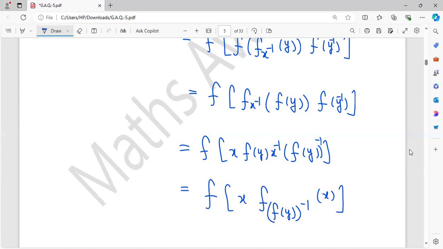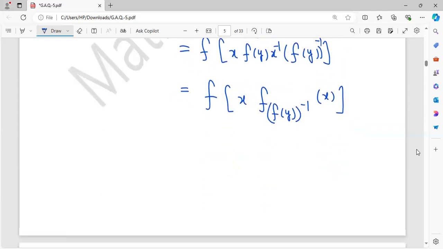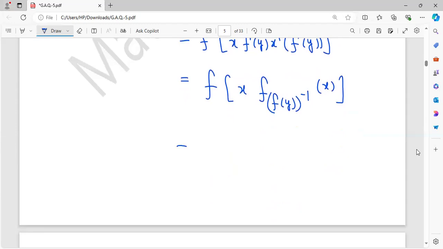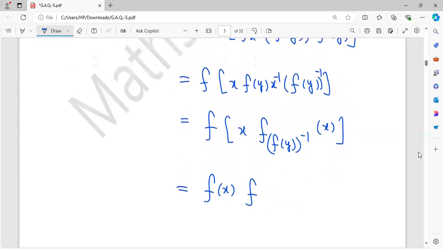Now use the definition that f is a homomorphism. So I can write f x, f... this is x inverse here. So f y inverse, x inverse.